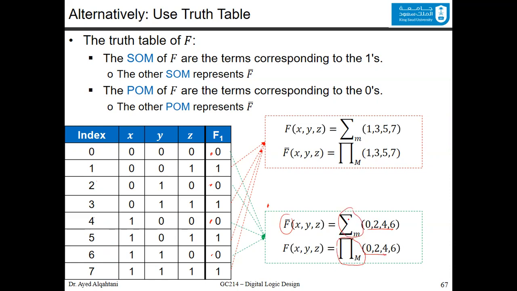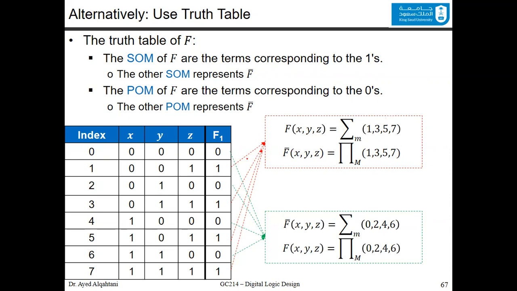To get f bar, you keep the same indexes, but you change the product of maxterms to a sum of minterms. Usually, in design, we do it like what we did with the red arrows, using minterms. And once you find the minterms, you can generate f bar using a product of maxterms.